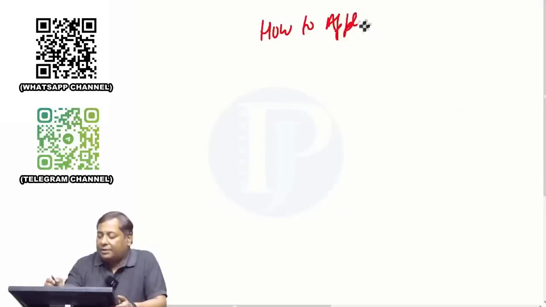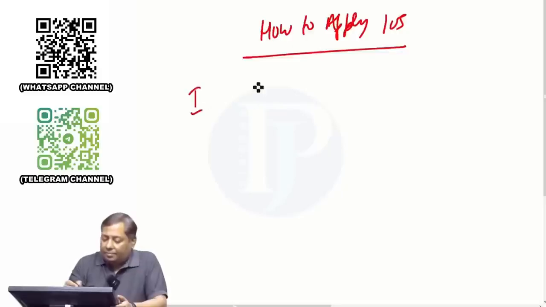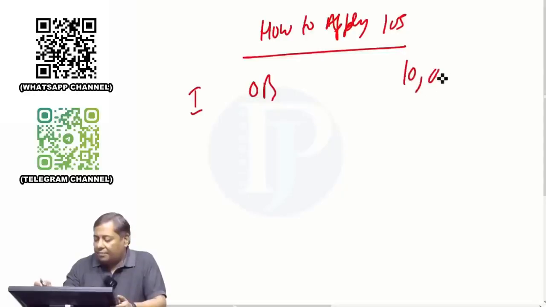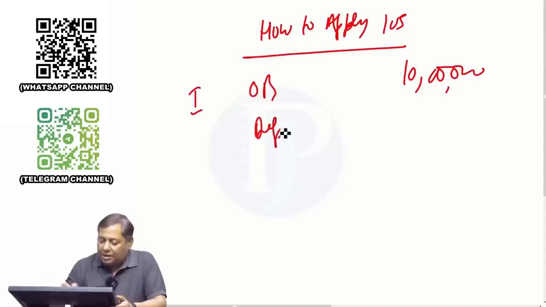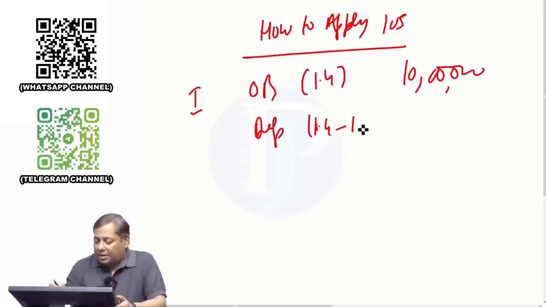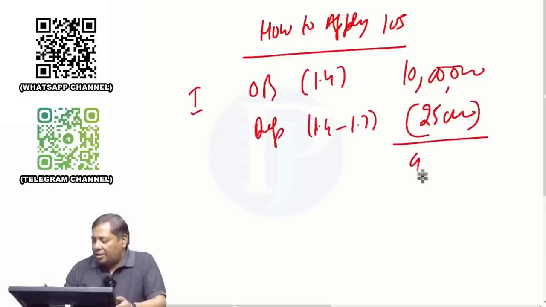First, let us revise this. How 105 applies. In first step, we will write the opening balance. Rupees 10 lakhs, then we will apply depreciation on it for 3 months. From April to July. You know it will cost 25,000, then this carrying amount will come to 975.